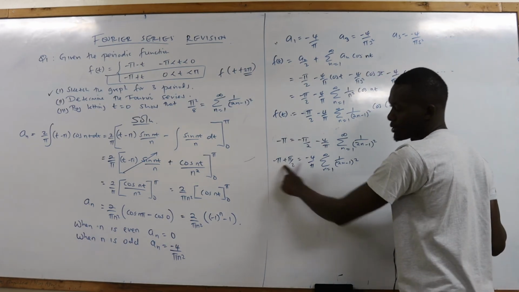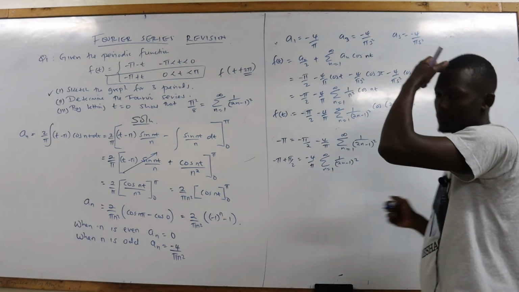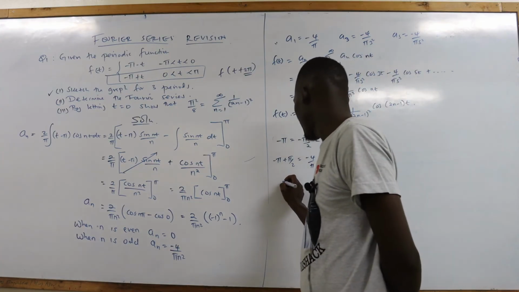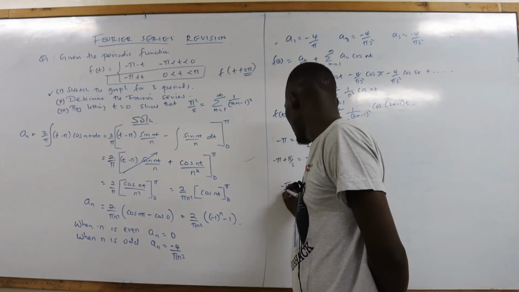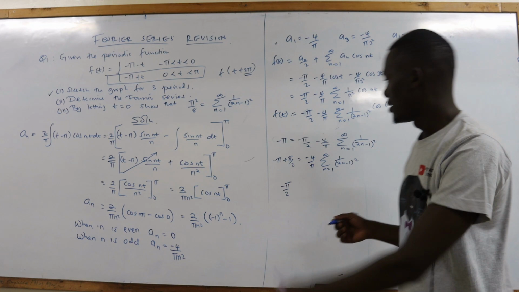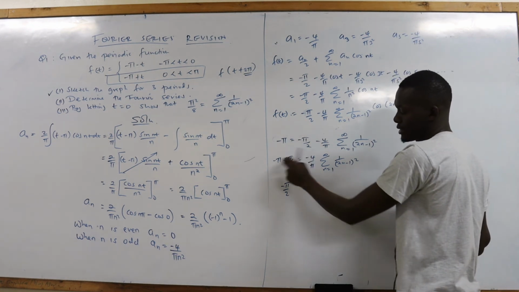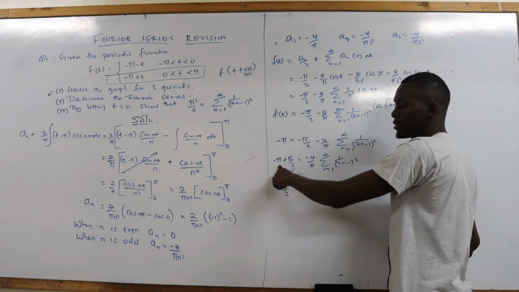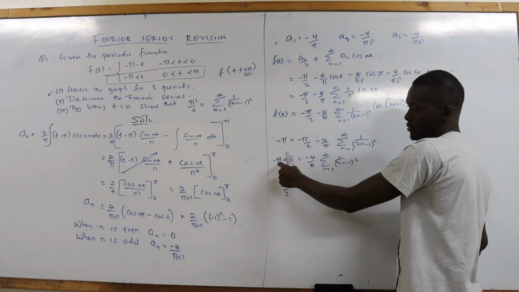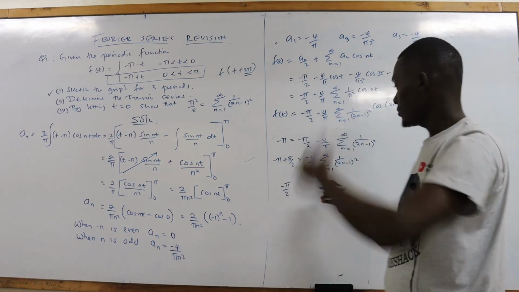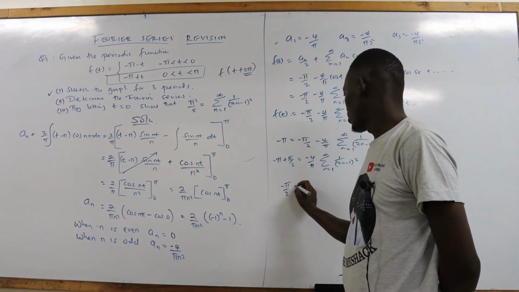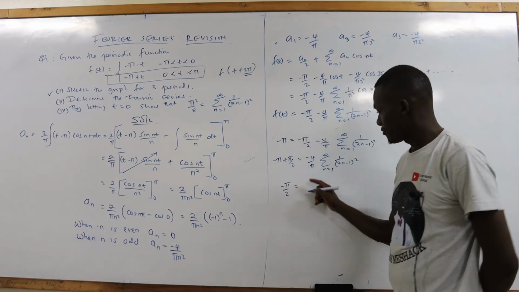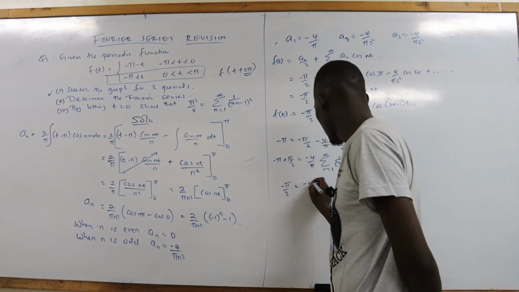This one is 1, this one is a half. Negative 1 minus half gives me negative a half. Are we together? Treat these as numbers, not as variables. This one is just negative 1, this one is a half of pi. Now I have that.